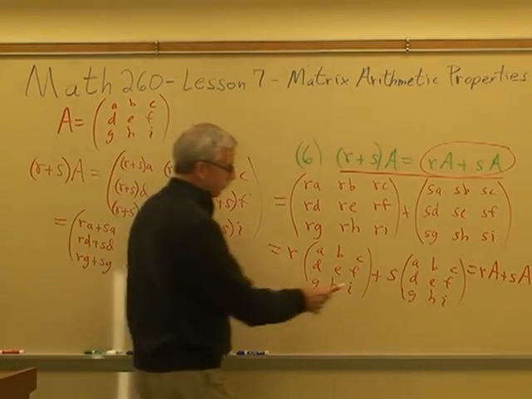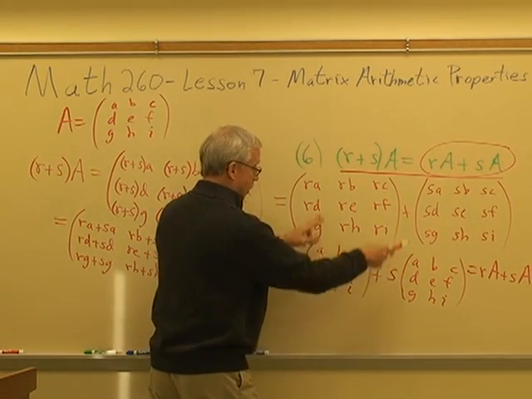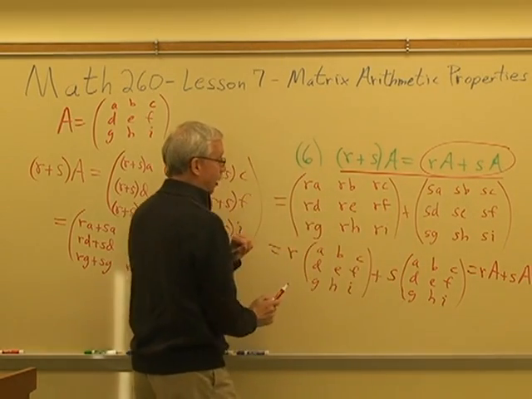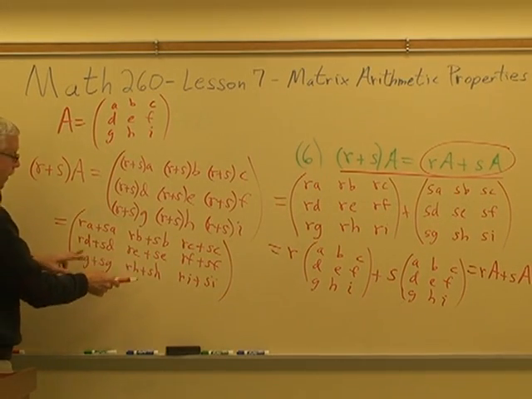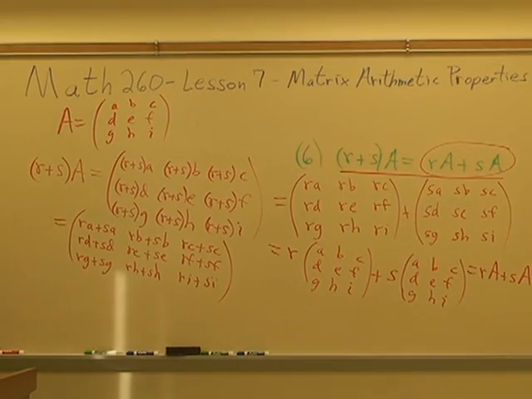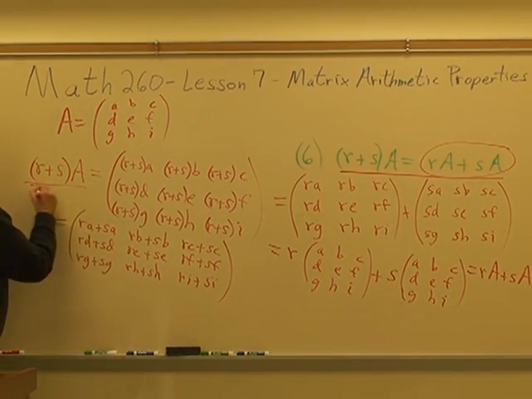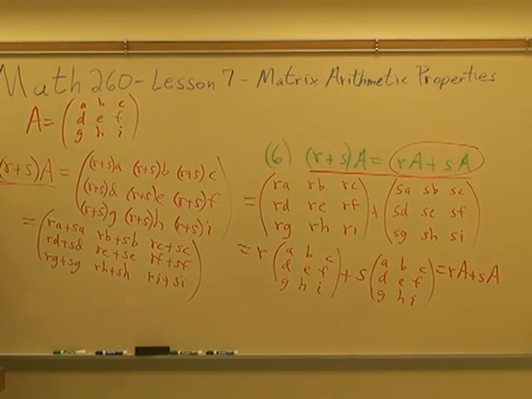So this is equal to that by definition, and this gives me that by the definition of scalar multiplication. This gives me that by the definition of matrix addition, and then this by undistributing it. So everything's equal all the way along, so I get that (r plus s) times A works this way. So that's the approach. This is how we prove these properties.